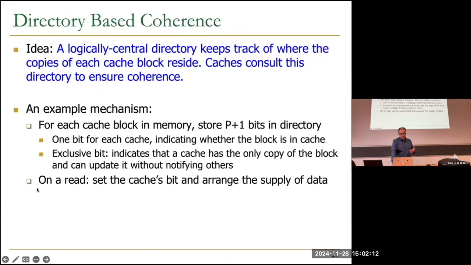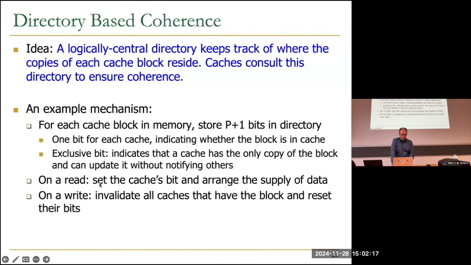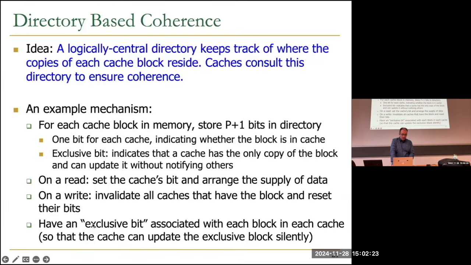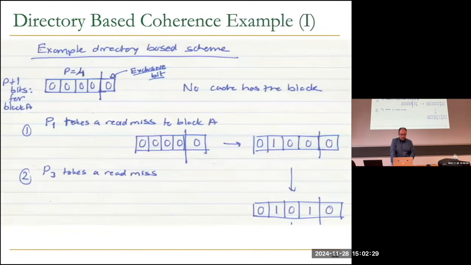On a read, set the cache's bit and arrange the supply of data. On a write, we need to invalidate all caches that have the block and reset their bits. We can also have this exclusive bit, and when you write to a cache block, you set the exclusive bit as well. So let's see an example here. We have 4 processors, and here we also have this exclusive bit.